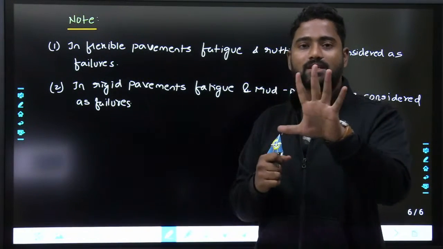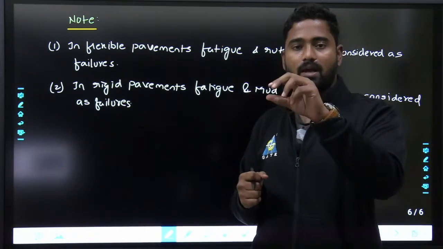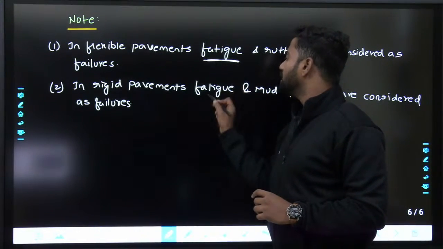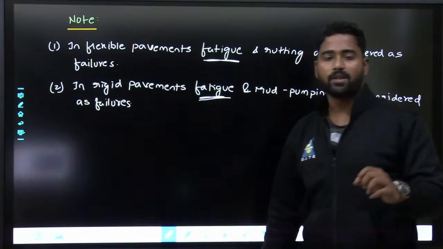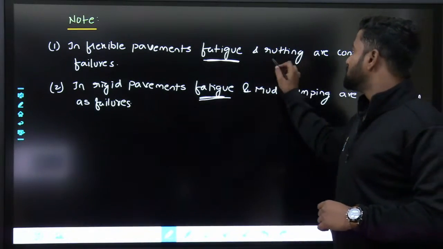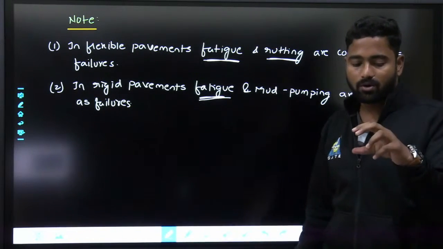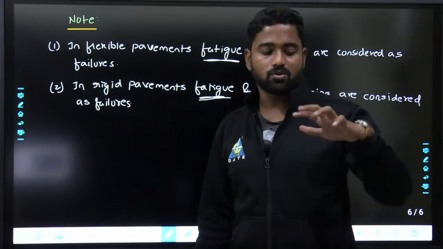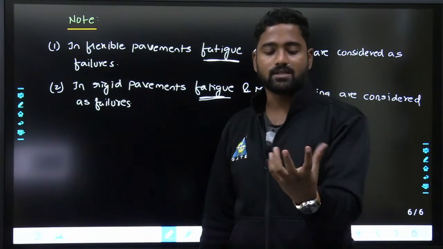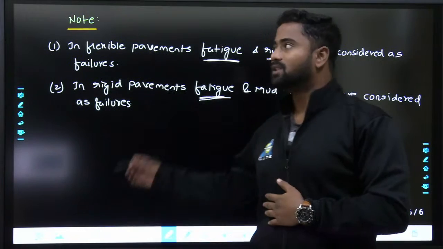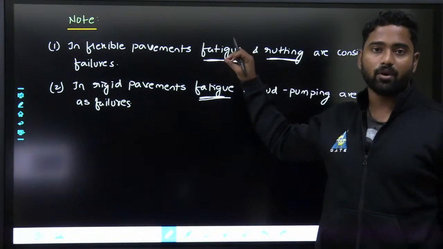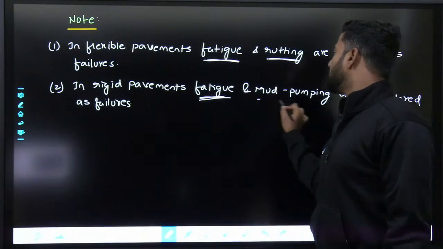At one point the pavement fails, and that is called fatigue. So the major failure criterion in both flexible and rigid pavement is fatigue. Rutting means development of holes on top because of heavy load; there will be ruts and cracks developed on it. So rutting is considered a failure in flexible pavements, whereas in rigid pavement, mud pumping is considered a failure.